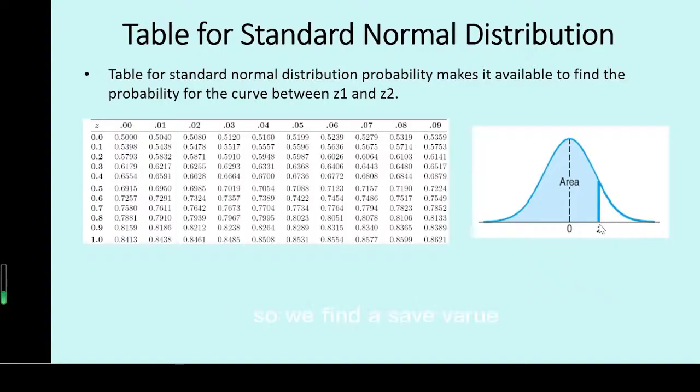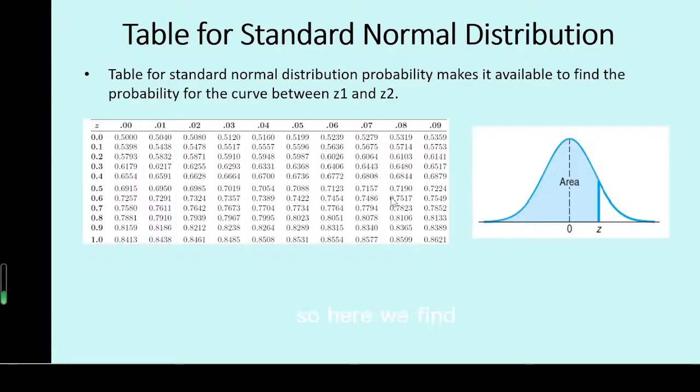This value is also called a quantile value, or random variable, or normal random variable; it's the same meaning. So we find this Z value here, 0.58. This shaded area is the cumulative probability of all values less than or equal to this Z value. So this Z value is the quantile, and this area is also called the quantile probability.